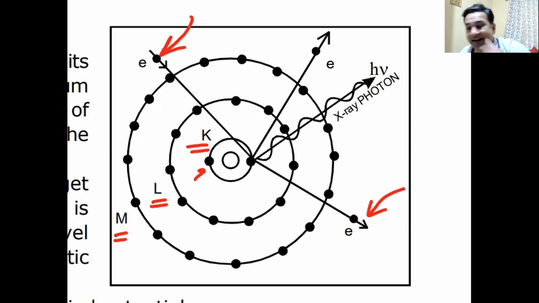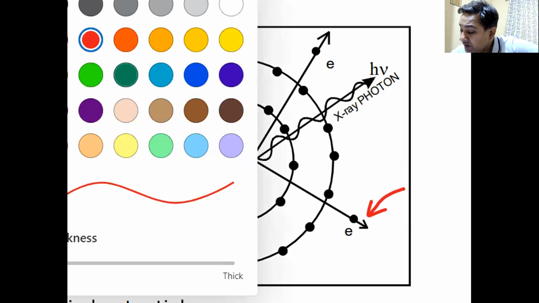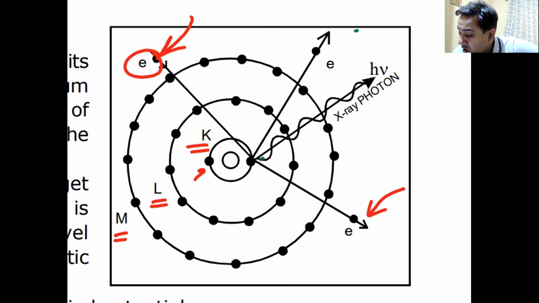Now, in characteristic X-rays, this striking electron in red is going to displace or knock out another electron which is revolving in the shell.